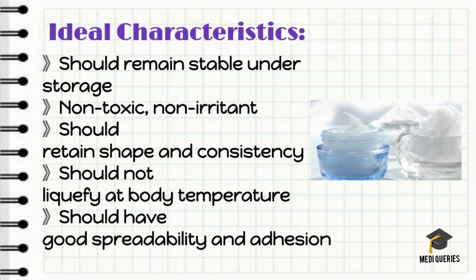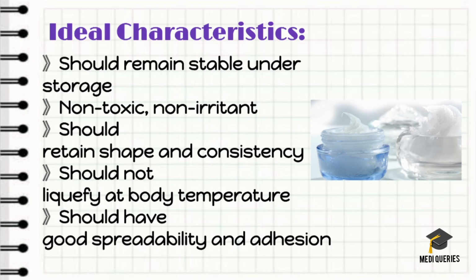It should be non-irritant, especially when applied to sensitive or inflamed skin. And third, spreadability is a crucial parameter. It should glide easily on the skin or mucosa without leaving sticky residue.